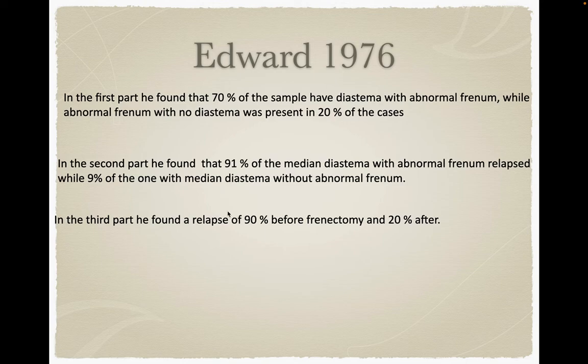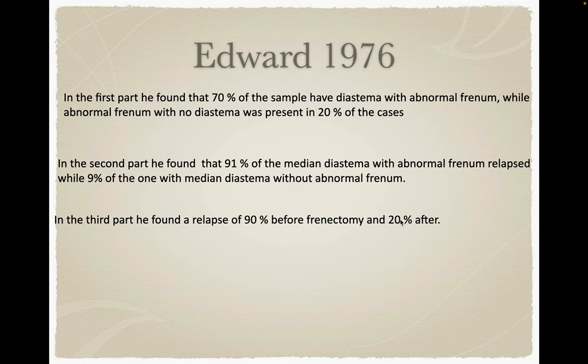That the relapse of 90% before frenectomy for this sample is reduced to 20% after the frenectomy. So these 90% who had an abnormal frenum and had a relapse of the median diastema, he did a frenectomy for them, and only 20% relapsed, and 80% did not relapse, which means there is a reduction from 90% relapse to 20% relapse, which is a huge reduction in relapse and improvement in stability.